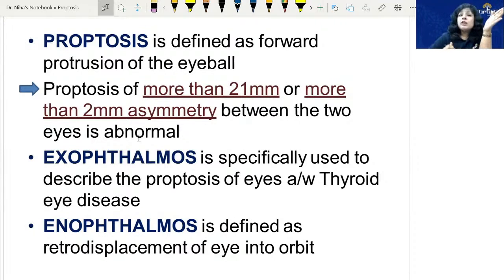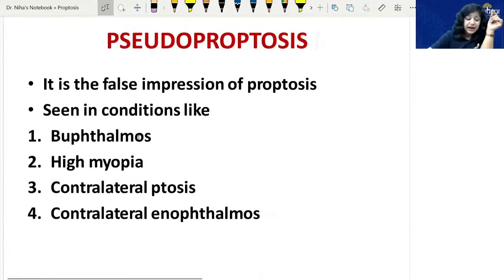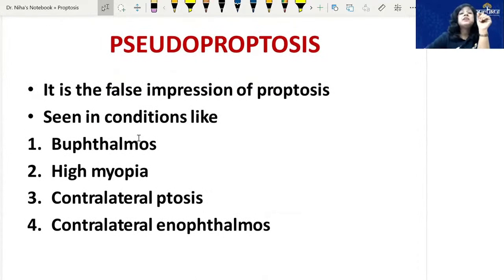So when you are solving clinical questions, always keep in mind that there is a possibility of pseudoproptosis. It will be easier for you to solve clinical questions, because sometimes you do not get any evidence of exophthalmos, but the question says proptosis. That may be enophthalmos in the other eye.